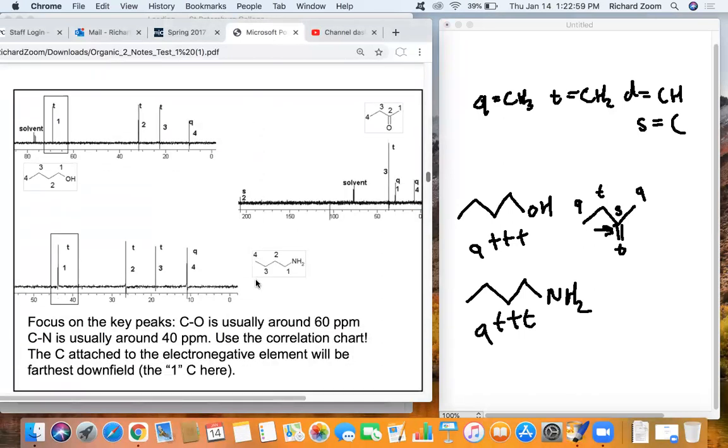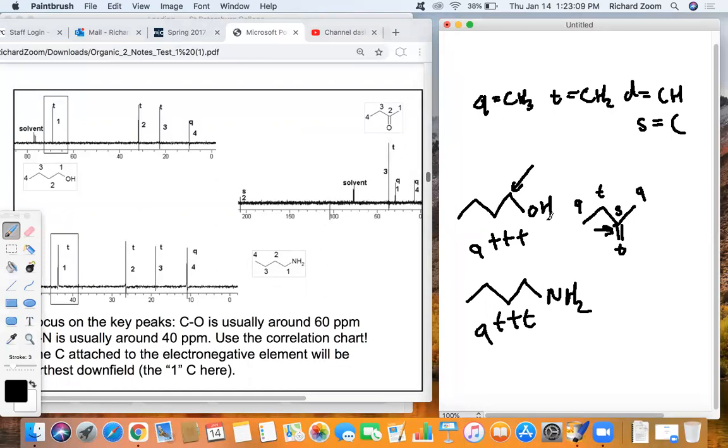Focus on the peak that's furthest to the left because that's going to be closest to the electronegative group, which is the oxygen. So we're really focusing on these carbons here. And this one should be at around 60. And this one will be at around 40.